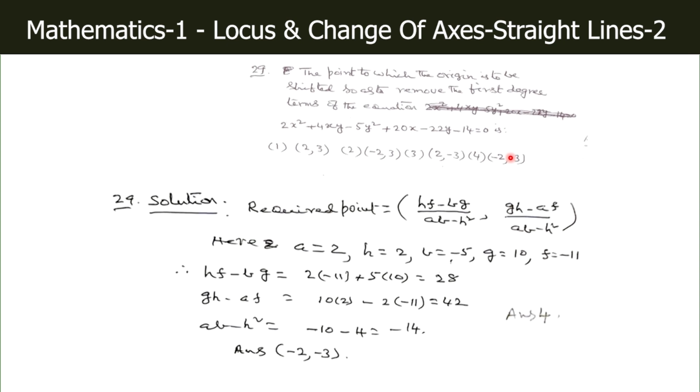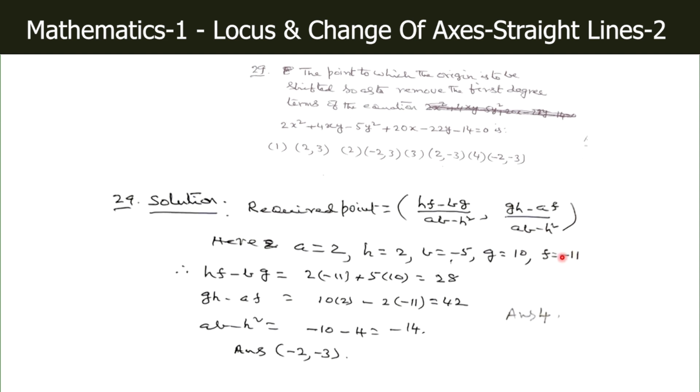Here, comparing with the second degree equation, we have a equal to 2, h equal to 2, b equal to minus 5, g equal to 10, f equal to minus 11.